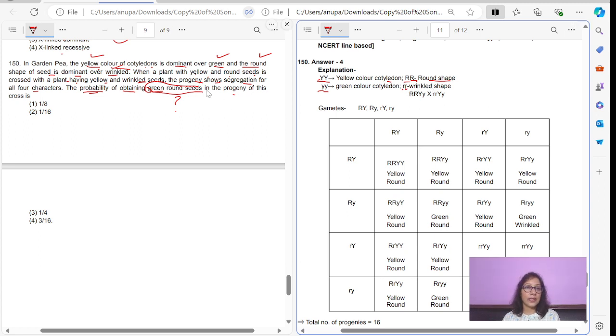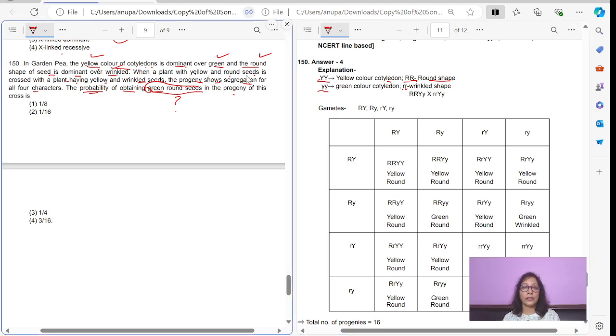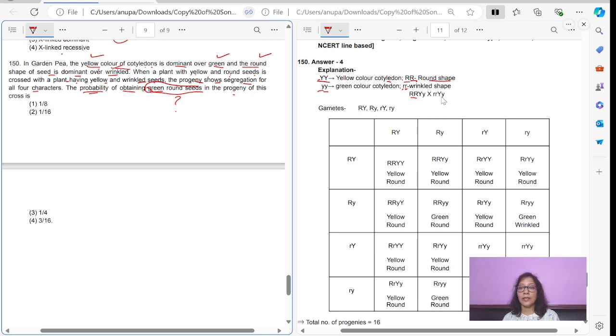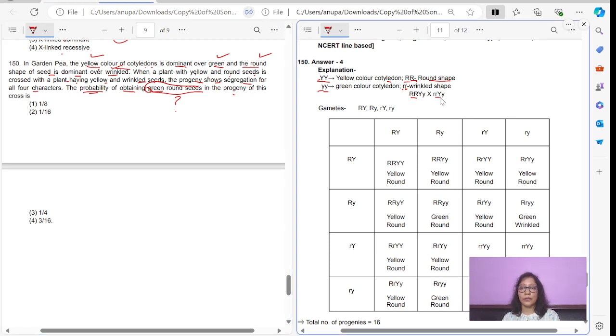The question says that a plant with yellow and round seed, this will be the genotype of the plant, is crossed with a plant having yellow and wrinkle seed. So this could be the genotype of the other plant.